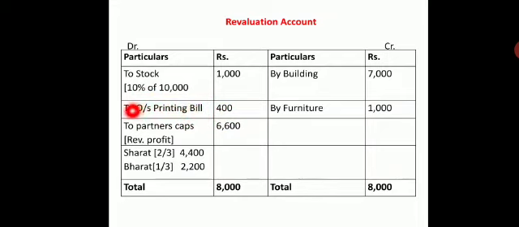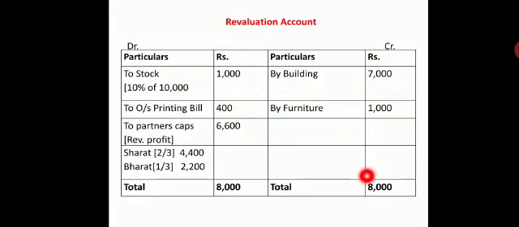Therefore, it has to be recorded in revaluation as it increases the liabilities. So an increase in liabilities or a decrease in the value of assets will always be debited because they are losses. So 400.